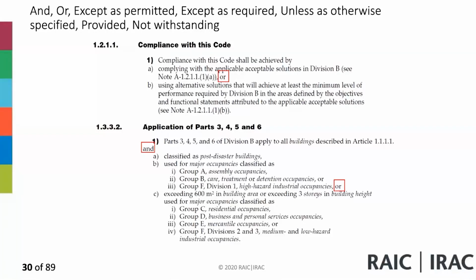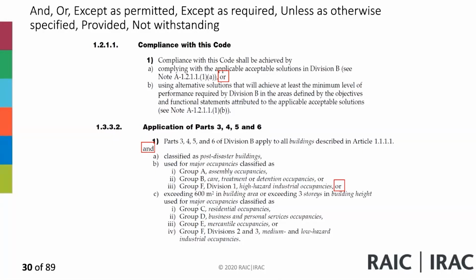The next one, application of Parts 3, 4, 5, and 6. We looked at this before. Parts 3, 4, 5, and 6 of Division B apply to all buildings described in Article 1.1.1.1 and classified as post-disaster buildings used for major occupancies A, B, F1, or exceeding 600 square meters or exceeding 3 stories for the major occupancies C, D, E, or F2 and F3.